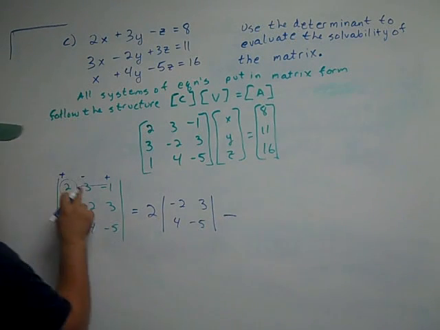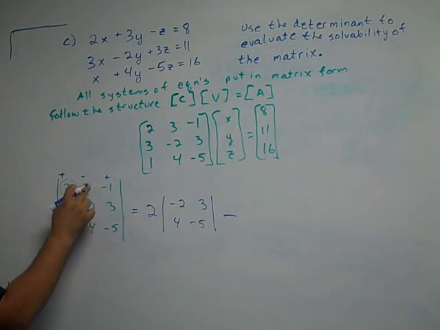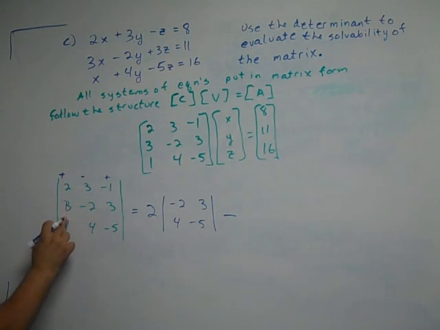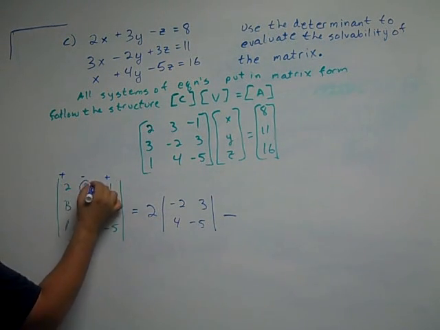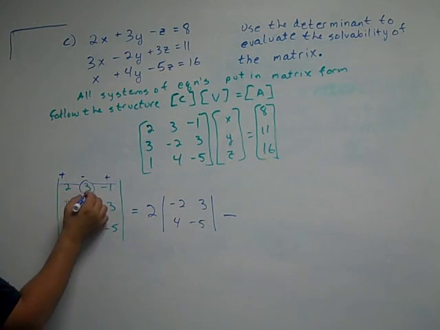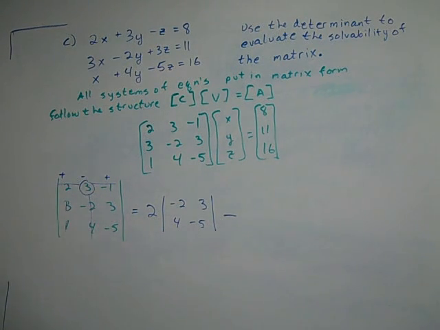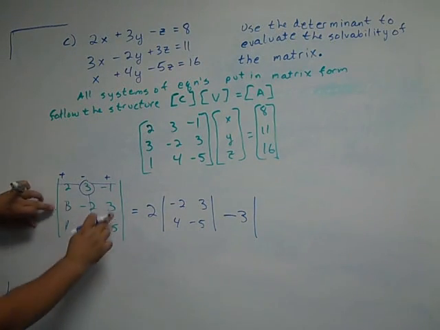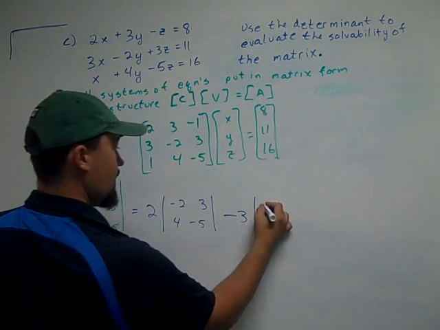Now we have minus from this. I'll go ahead and erase this. Circle the 3. Cross this stuff out. And it's going to be -3. The resulting matrix will be 3, 3, 1, -5.